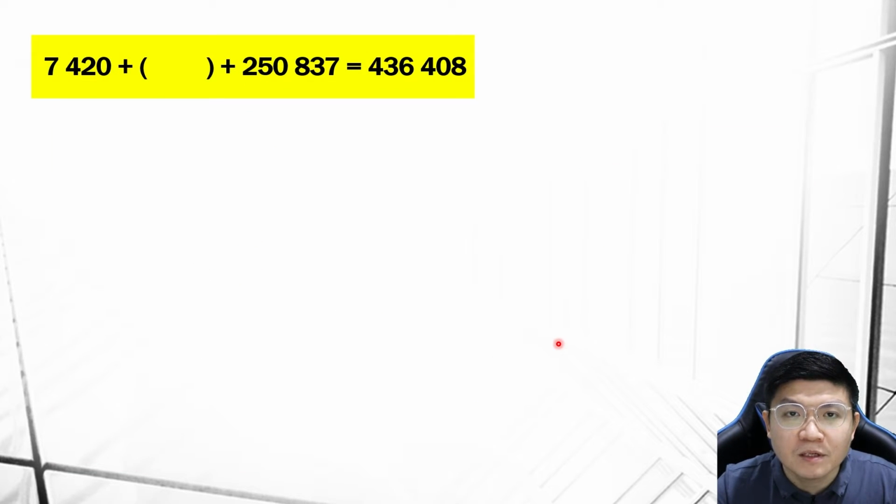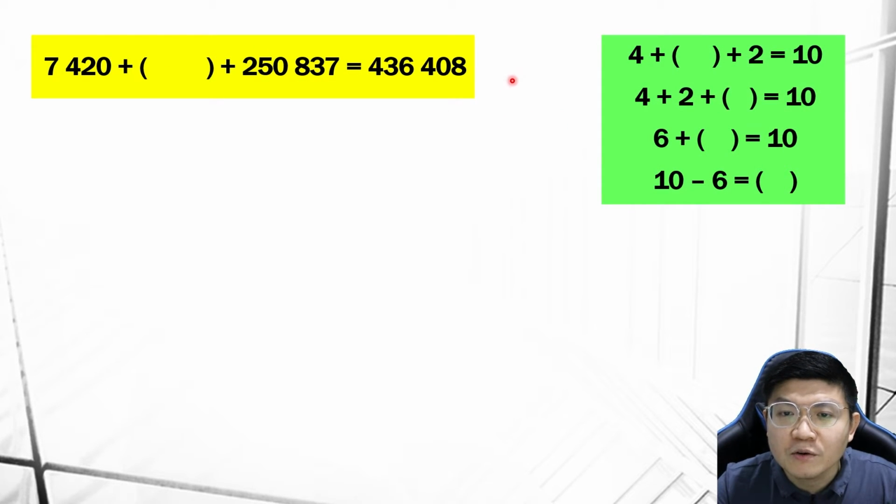Okay, next example, 7,420 plus bracket plus 250,837 equals 436,408. So the bracket is in the middle right now. How do you solve it? You can imagine there is actually a smaller number. 4 plus how many plus 2 equals 10.